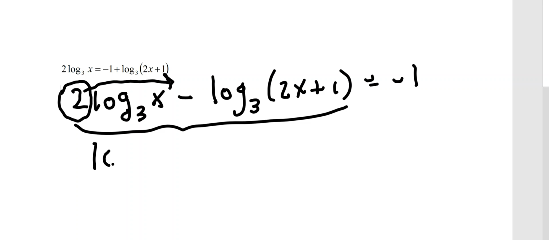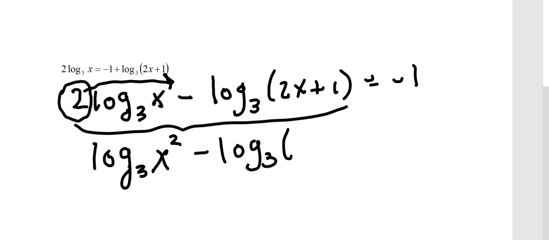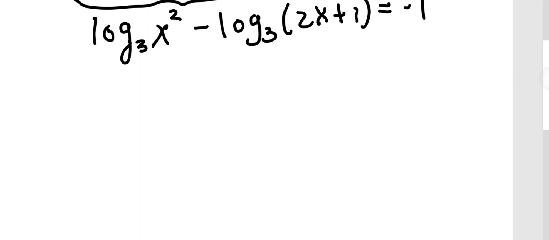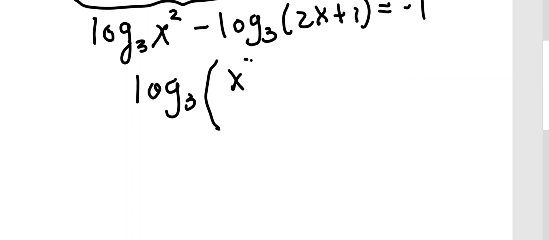So I get log base 3 of x squared minus log base 3 of 2x plus 1 equals -1. Now I can combine the logs using the subtraction rule. So I have log base 3 of x squared over 2x plus 1 equals -1.